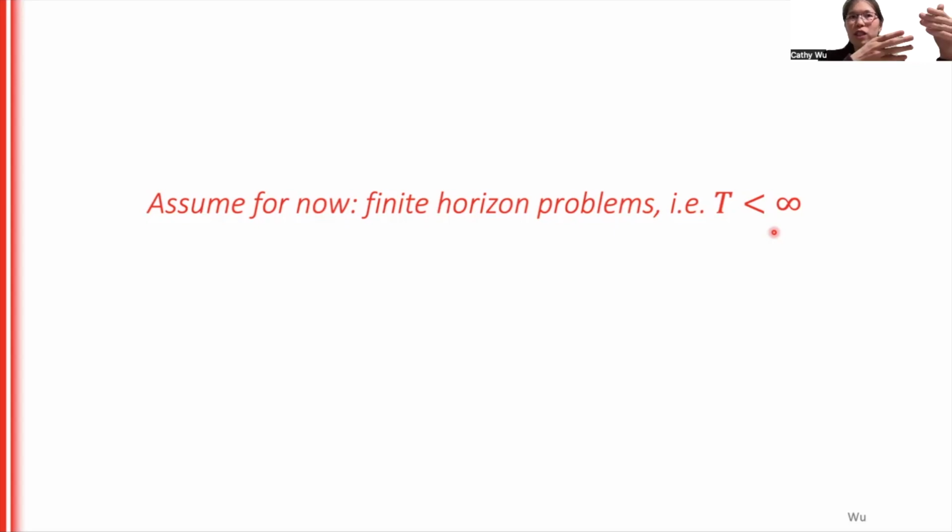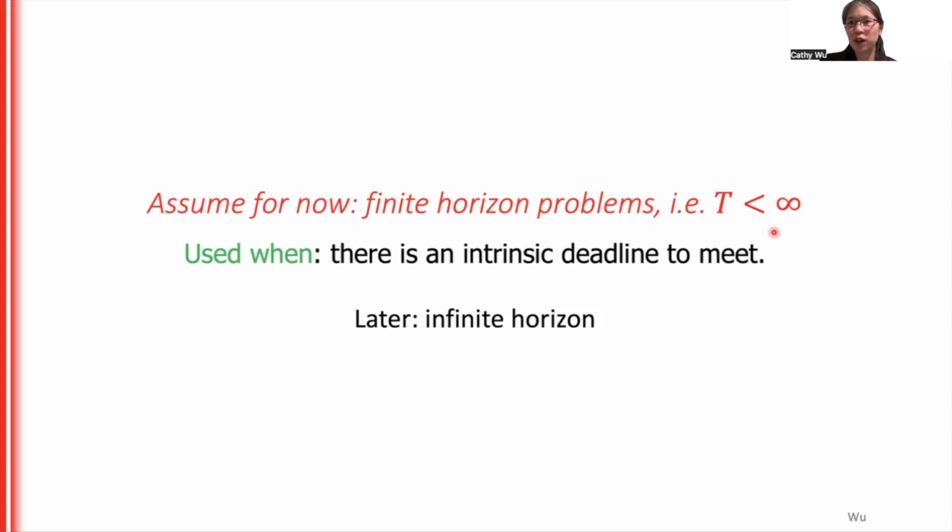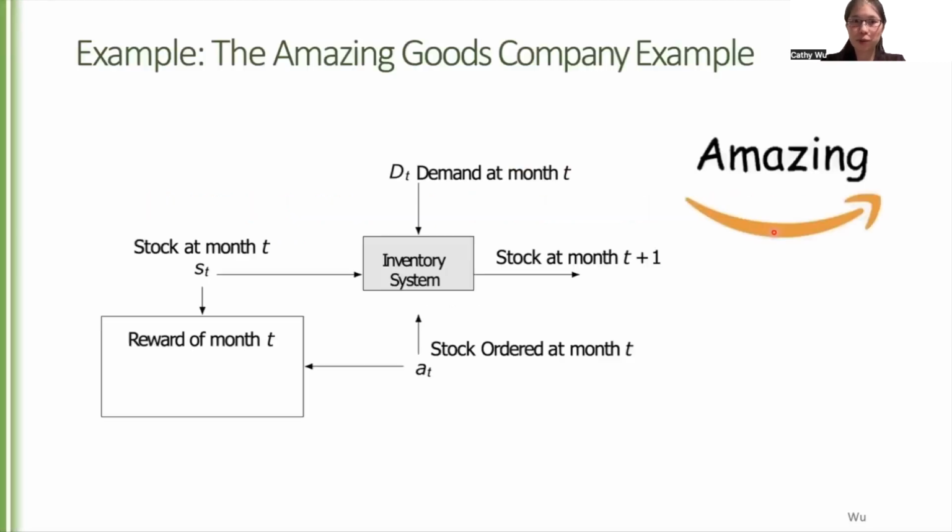You can imagine for the rideshare example, we care about this for the shift of the driver. We don't care about this for all of eternity. Later we're going to talk about infinite horizon problems, mostly because there are really nice algorithms that result, and so it's good to understand how those come about.